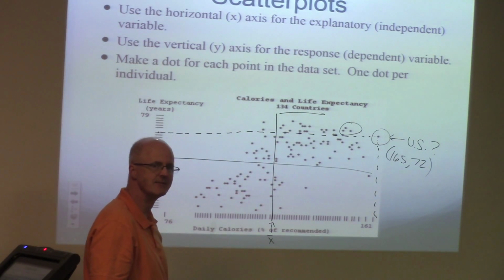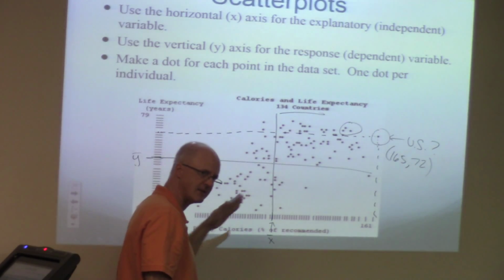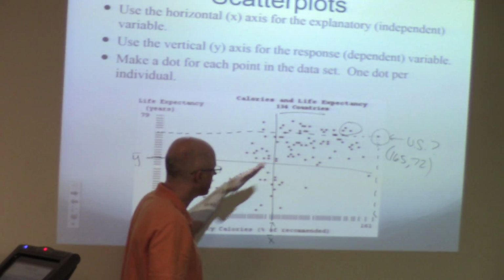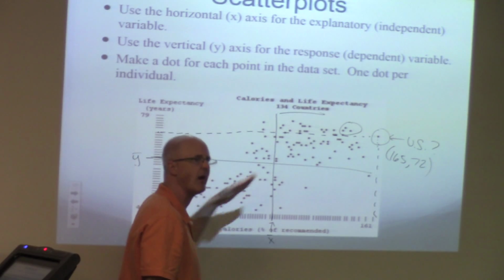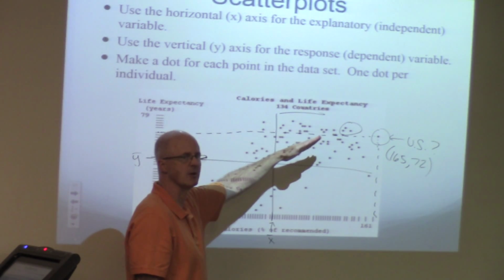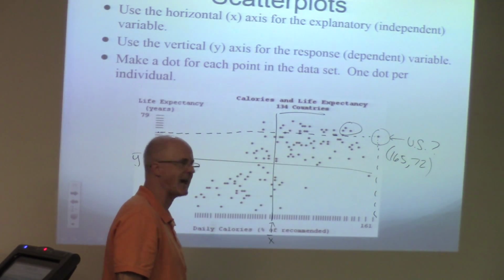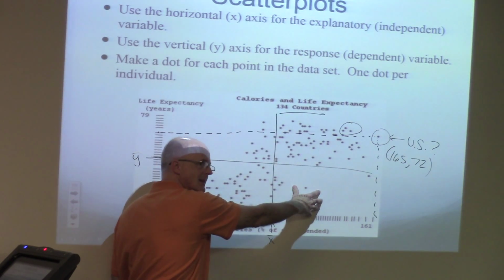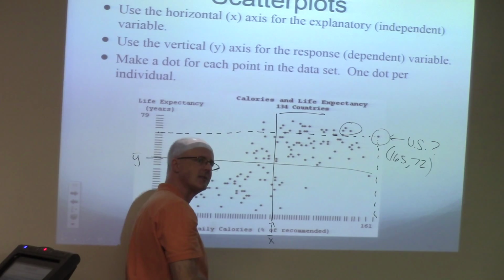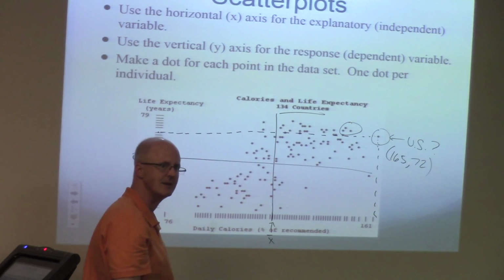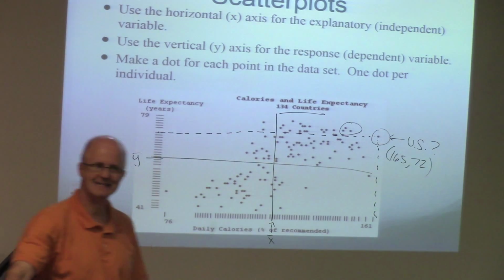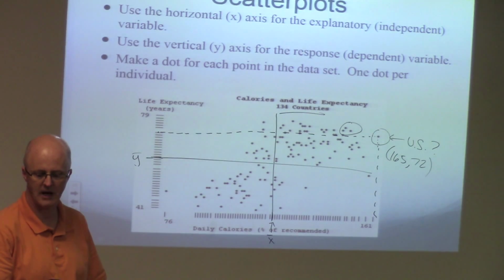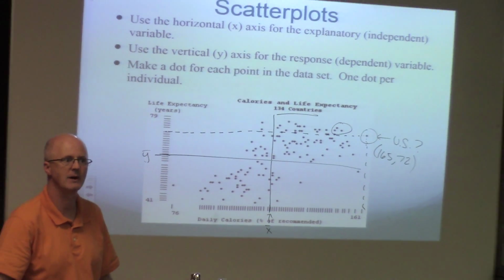Again, that's called a positive association, and there's a positive trend to it. If you follow the trend, a line, say, that line would have a positive slope. You certainly can have scatter plots with a negative trend, where most of the points are in the upper left and lower right. There would be a negative trend, a negative association. Okay? So that's our first mini lesson about scatter plots. We're going to talk about it more after break, but it is time for break.